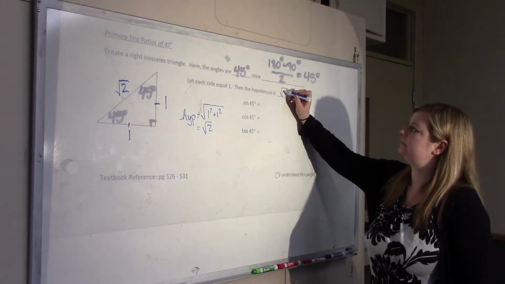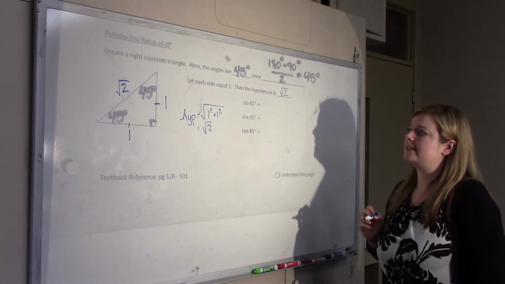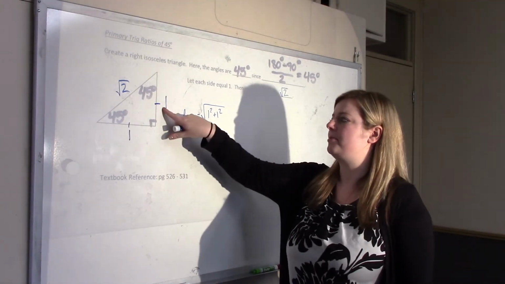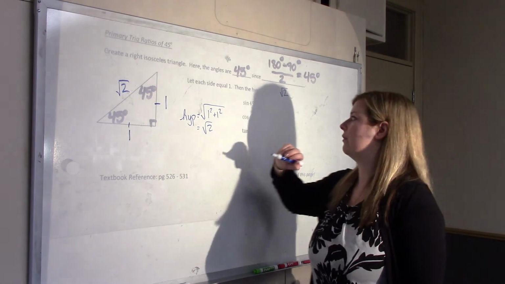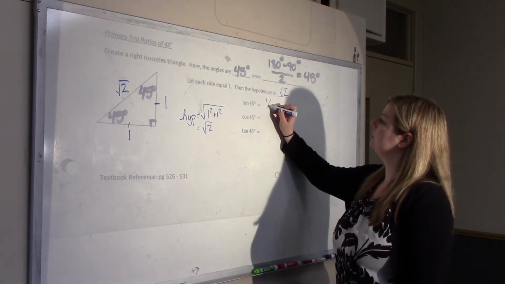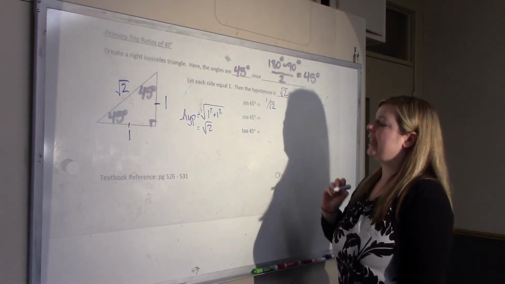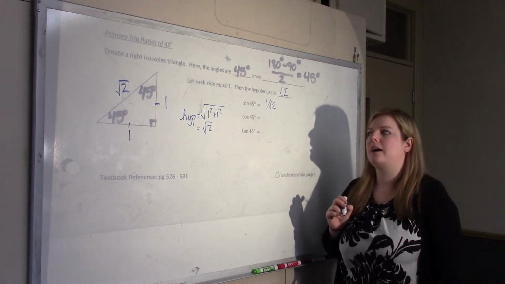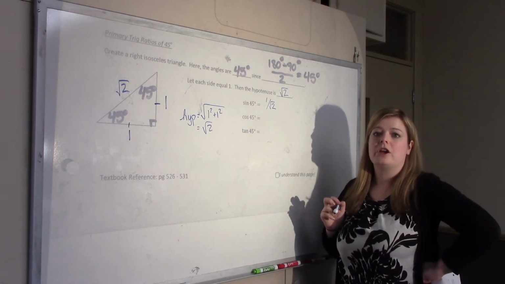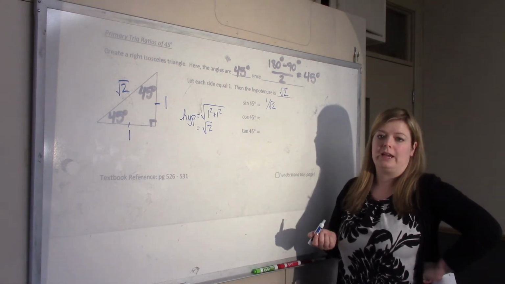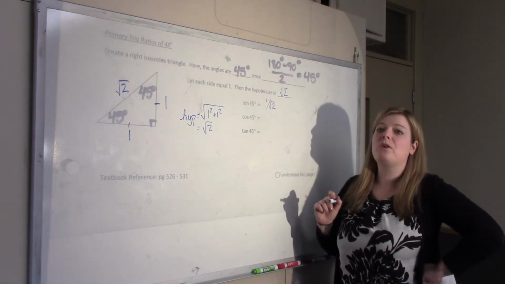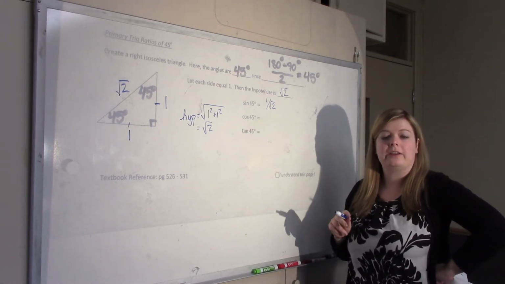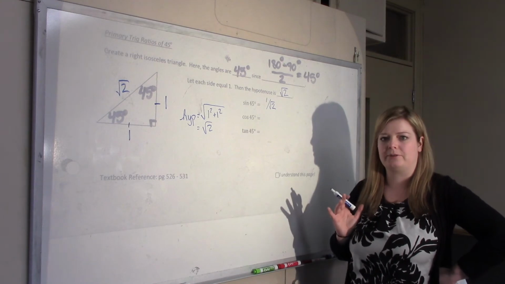Okay? So sine of 45 degrees is opposite over hypotenuse, so it's 1 over root 2. If you find the sine of 45 degrees in your calculator, you'll get some gross decimal. If you put 1 over root 2 in your calculator, you should get the same gross decimal.